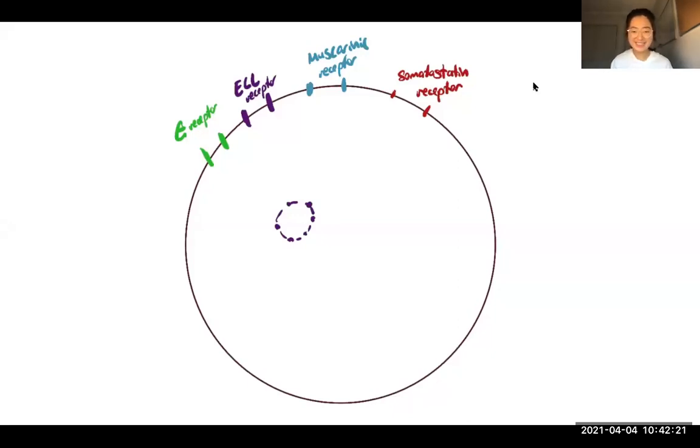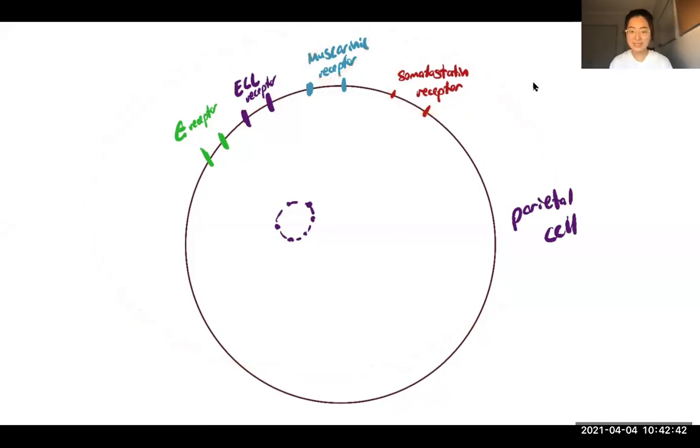Alrighty, so this is pretty much the cell that was on the previous image. Think about this as your parietal cell. I probably should have labeled that, whoops, parietal cell. And in your parietal cell, you've got a bunch of different receptors. So we've got a G receptor here, ECL receptor here, muscarinic receptor, and a somatostatin receptor.